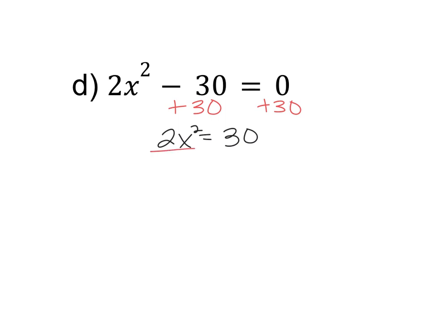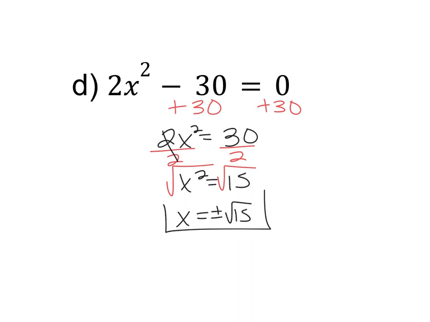So let's go ahead and divide it by 2 to get that 2 off of there. So now I have x squared equals 15. Go ahead and take the square root. So x equals square root of 15. I don't believe that can be broken up into anything, so you just leave it as plus or minus square root of 15.